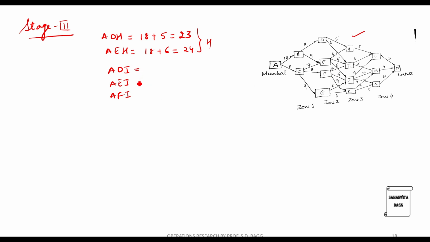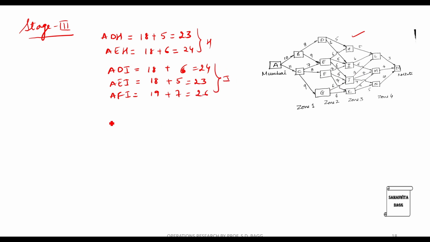So let me add all of these. A to D is 18, A to E is 18, A to F was 19. D to I is 6, so this becomes 24. E to I is 5, so this is 23. And F to I is 7, so this is 26. This is all for I.